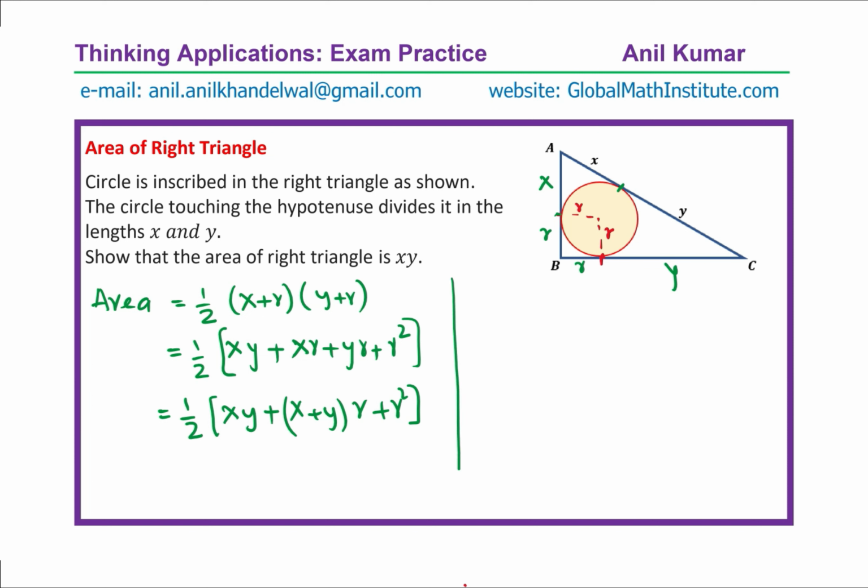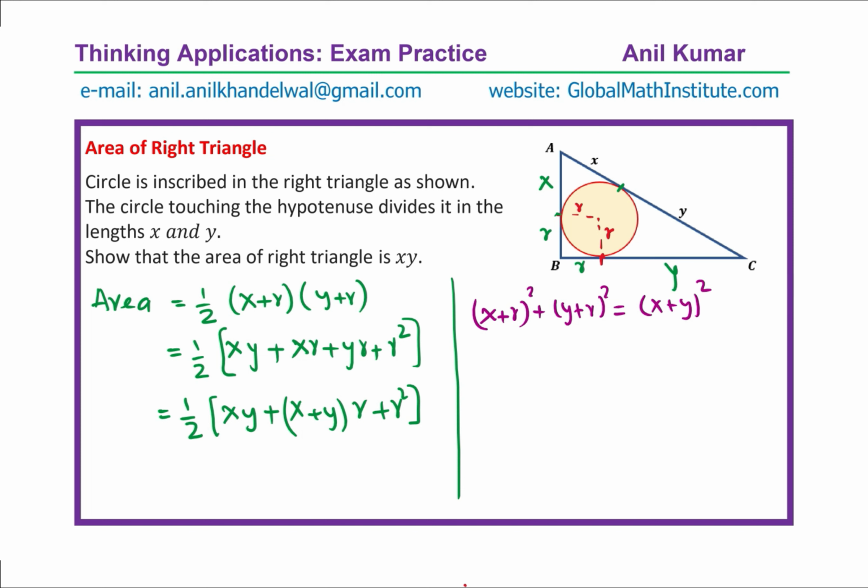And for that, we learn that the squares of the two sides is same as the hypotenuse square. So let's do that part, which is x plus r whole square plus y plus r whole square should be equal to x plus y whole square.